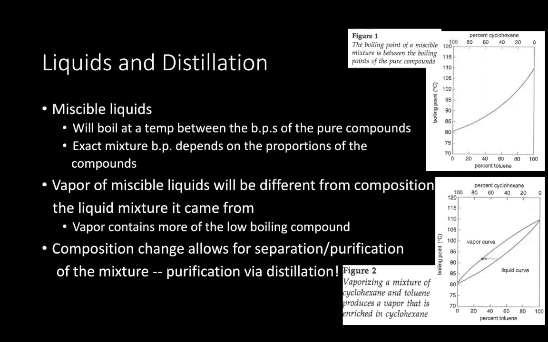Ultimately, it's what allows us to successfully distill and purify two compounds from one another. And we see over here on the right, figure 2, showing the vapor curve and the vaporizing of cyclohexane and toluene, indicating how your vapor is actually enriched in the lower boiling, in our case, cyclohexane component.